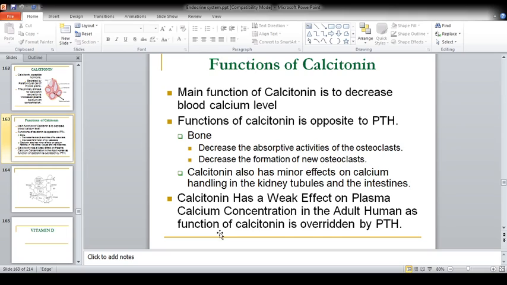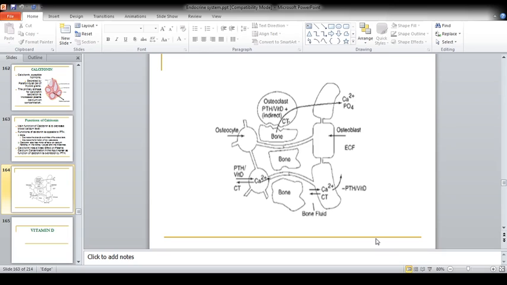Calcitonin has a weak effect on plasma calcium concentration in the adult human, as the function of calcitonin is overridden by the parathyroid hormone. So remember, parathyroid hormone is the stronger one between these two hormones. If parathyroid hormone is acting, calcitonin would not be able to act. Parathyroid hormone overrides the action of calcitonin.